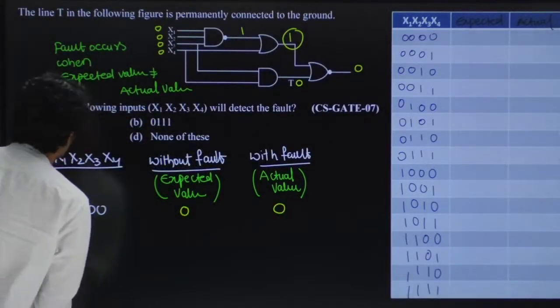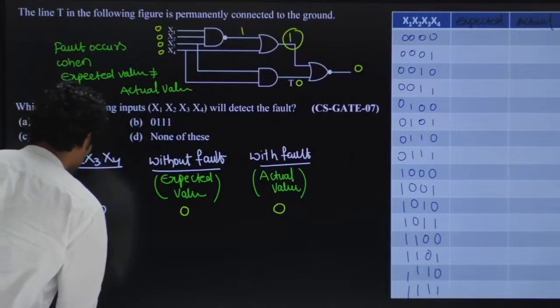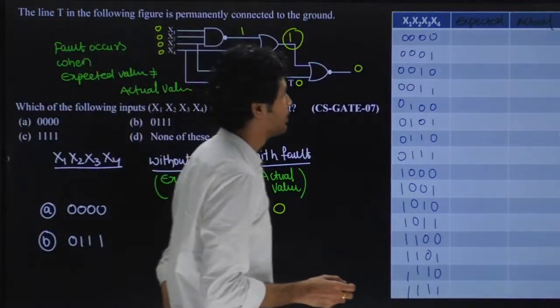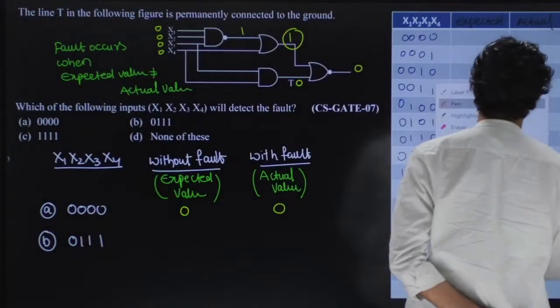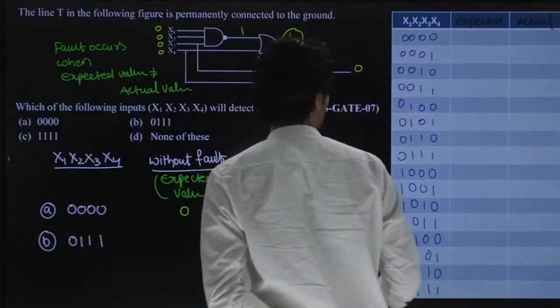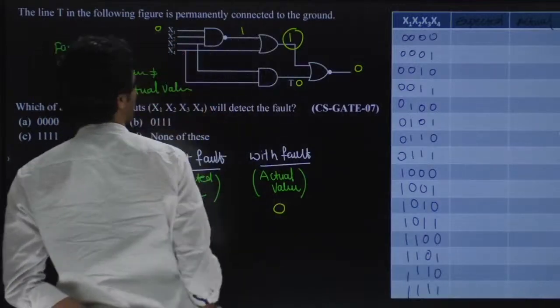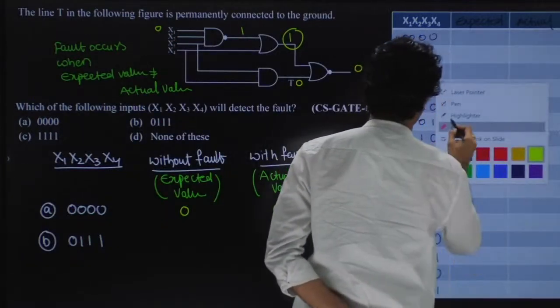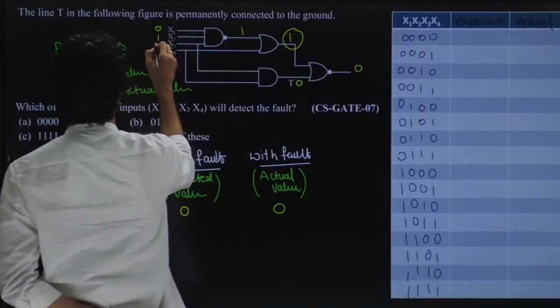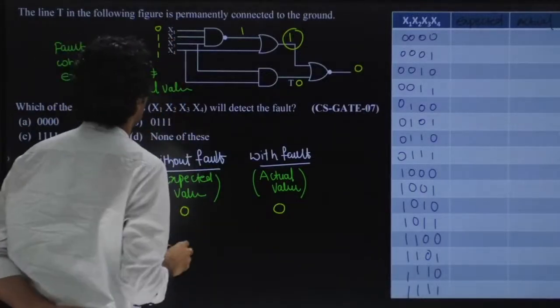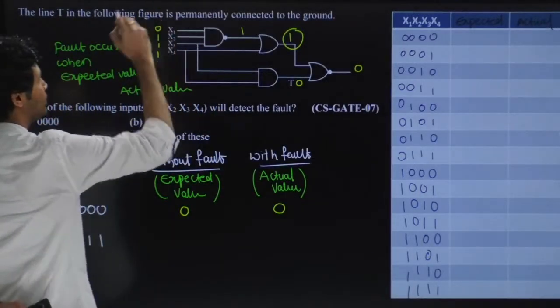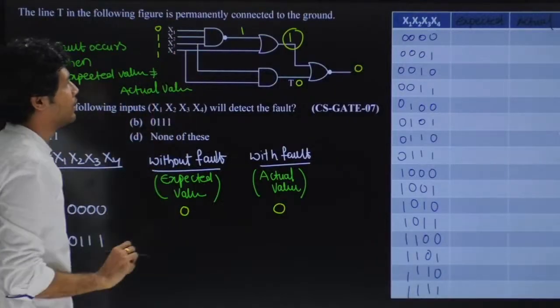Okay. So next we have 0 1 1 1 as the option B. So let us apply 0 1 1 1. Again, NAND gate, one of the inputs is 0, output is 1.